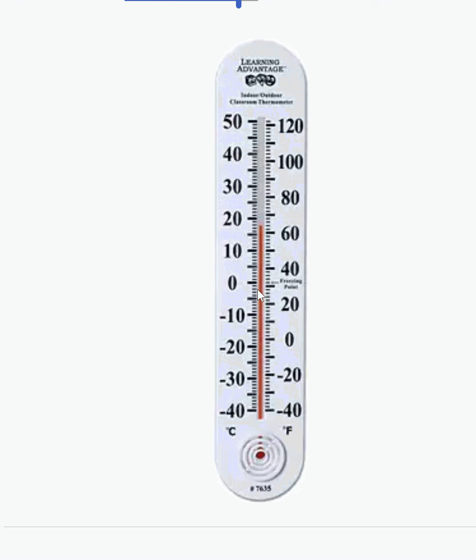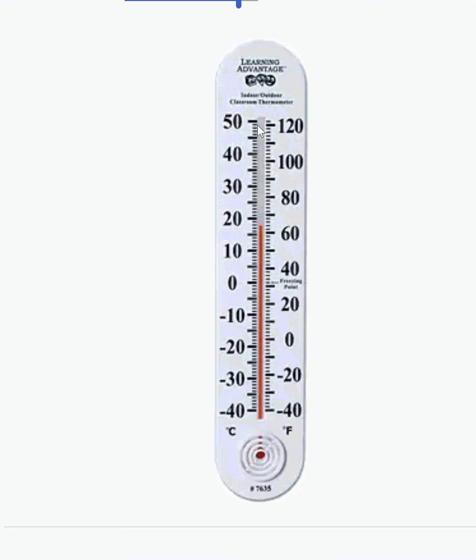The boiling point is not marked here because this is the temperature for the classroom. The boiling point is 100 degrees for Celsius, and 212 degrees for Fahrenheit.